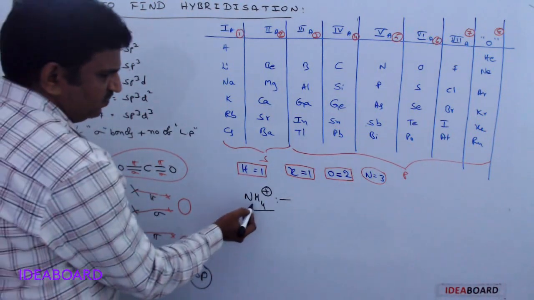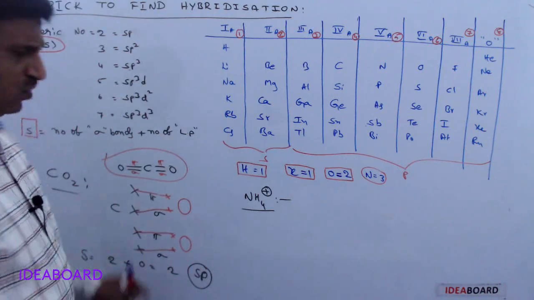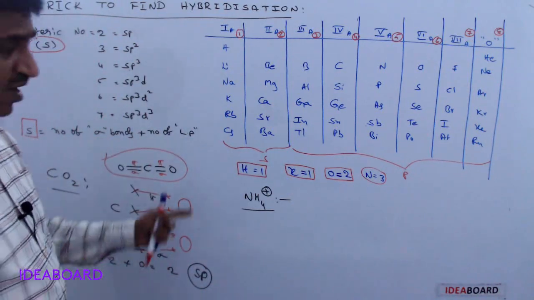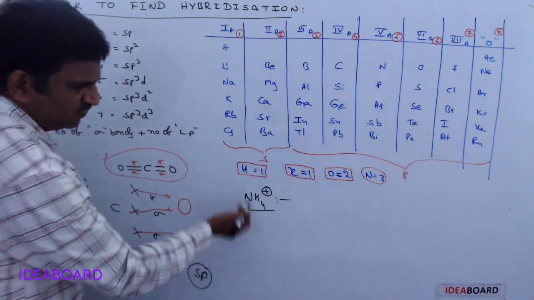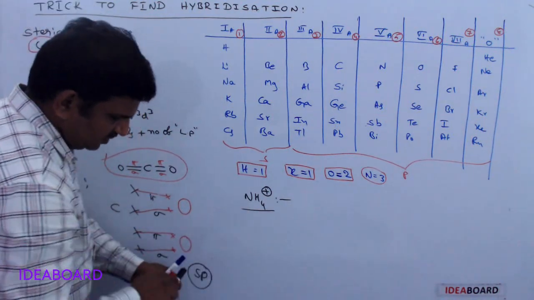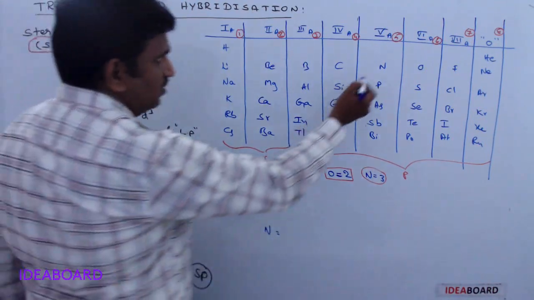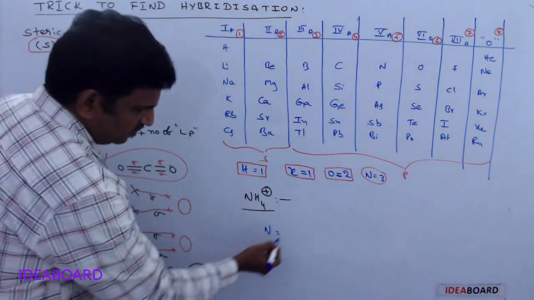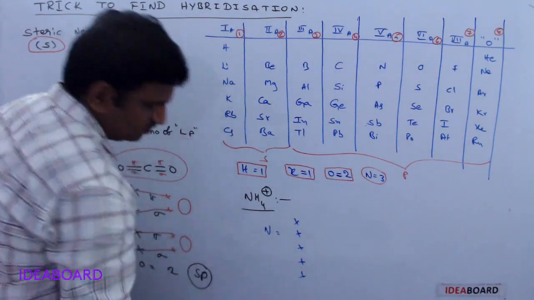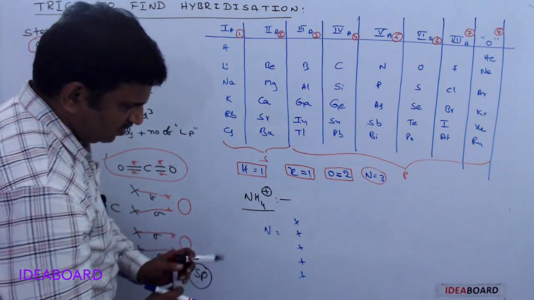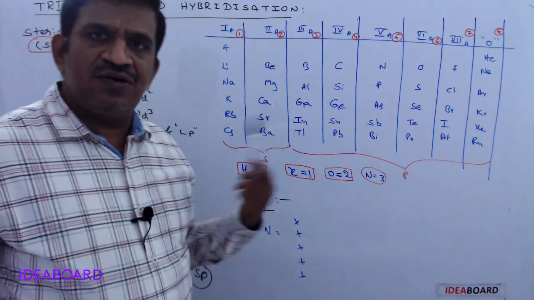How can we calculate the hybridization for the NH4 plus molecule? Sir, you gave neutral molecules, okay? For ions, how can we calculate? You may have a doubt. So for NH4 plus, first I am writing, what is the central atom in this? Nitrogen, very good. Nitrogen belongs to which group? Fifth group, 5 electrons: 1, 2, 3, 4, 5. So please remember, NH4 plus means it lost 1 electron.